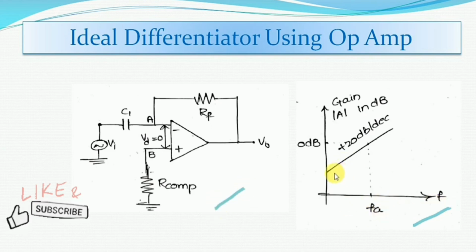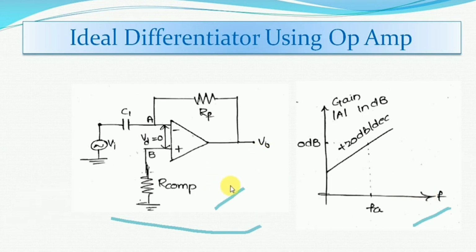Here the gain in dB is increasing at high frequencies, which means the circuit output voltage will go to saturation when operated with a high frequency input signal, which makes this ideal differentiator circuit unstable. If the system is unstable, it will oscillate. So at high frequencies the output voltage goes into saturation and the system is unstable, and this is the major drawback of using this ideal differentiator circuit at high frequencies.